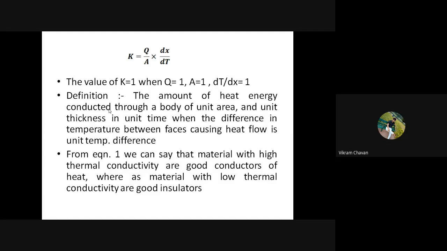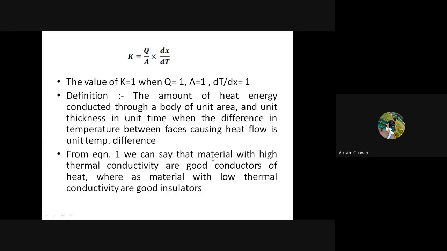So a material which transfers heat within less time is called a good conductor of heat, and a material which transfers very little heat is called a good insulator.